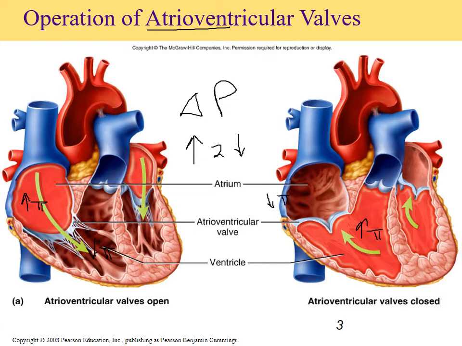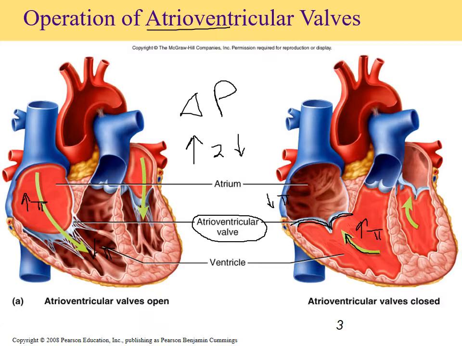At that point, blood would have a tendency to flow backwards because it likes to flow from high to low. However, the whole purpose of the valve is to prevent that from happening. So the valve will close off when the pressure in the ventricle exceeds the pressure in the atrium, thereby preventing backflow.